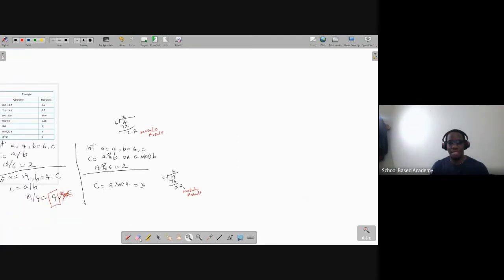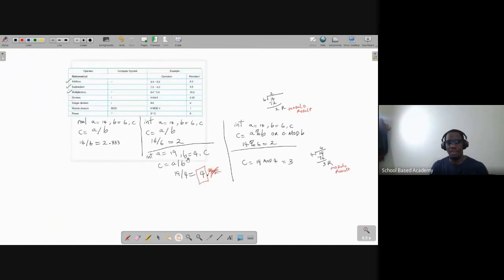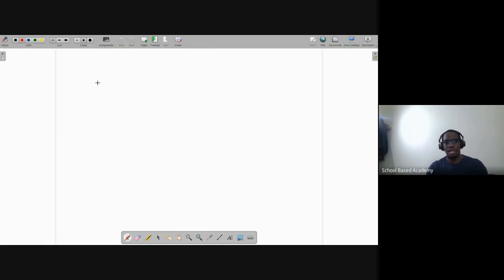If you look at it in terms of real number division as opposed to integer and modulo division, okay? If I have, as real numbers, 25 divided by 4, I'm going to get as my result 6.25.